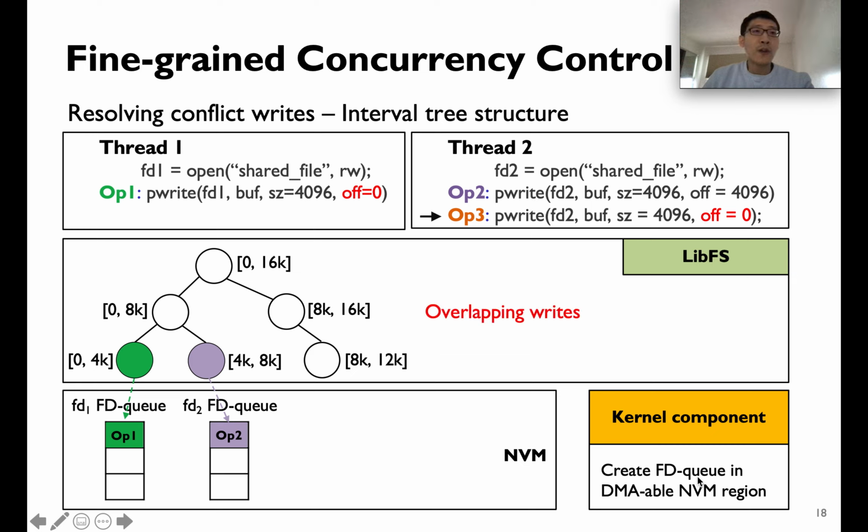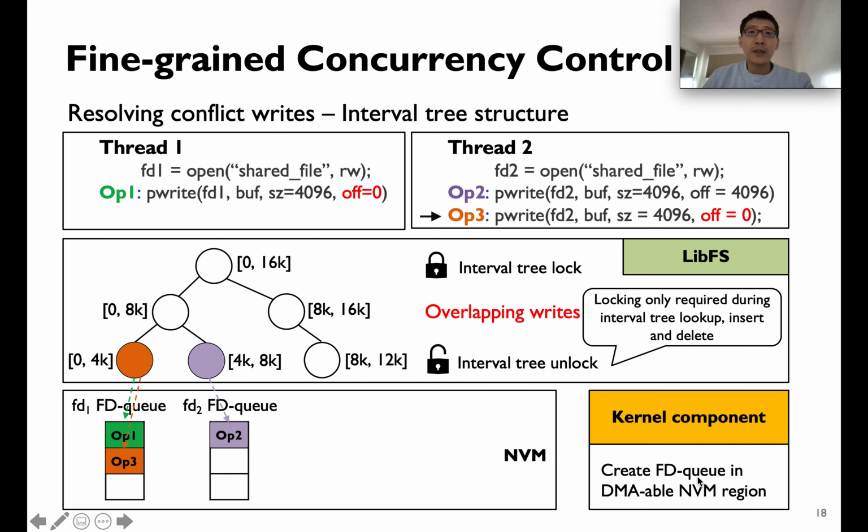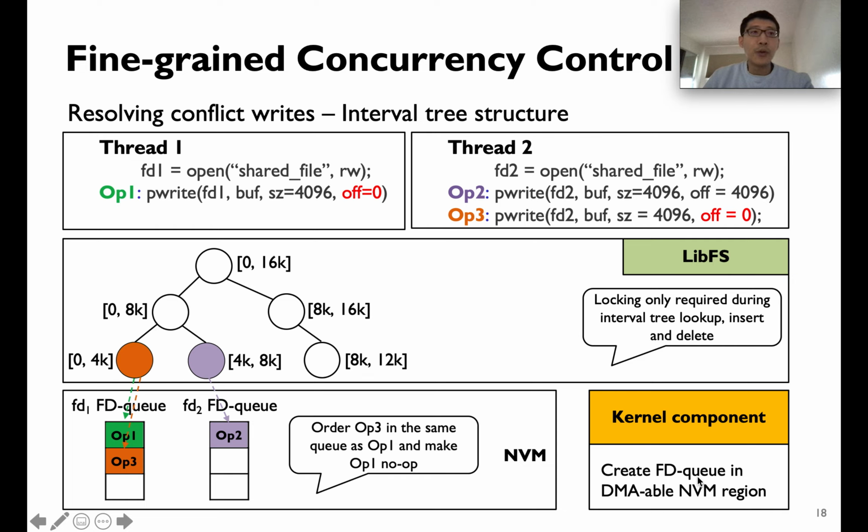Operation 3 is an overlapping update with operation 1 for range 0 to 4K. When the library FS looks up the interval tree, it finds that an earlier request, operation 1, is overlapping. Hence, it updates the interval tree node and inserts operation 3 into the queue of operation 1 because they are overlapping. In this example, operation 1 will be marked as no-op because operation 3 completely overlaps operation 1.